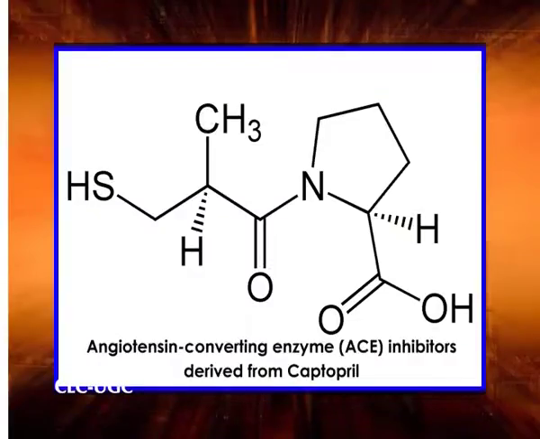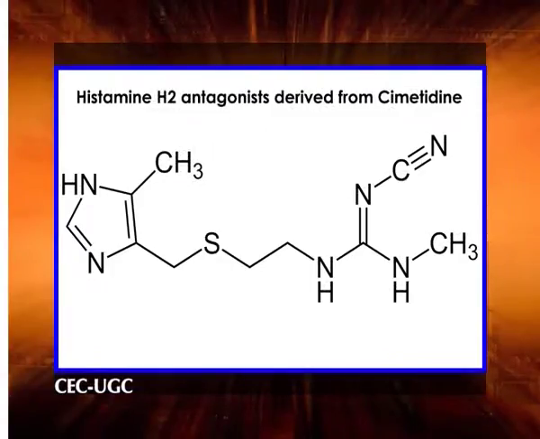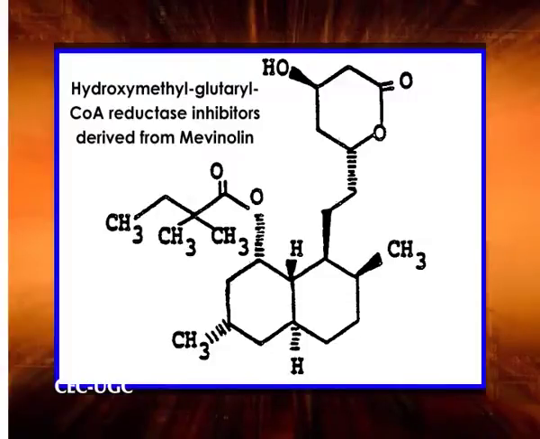Some examples are the angiotensin converting enzyme, ACE, inhibitors derived from captopril, the histamine H2 antagonists derived from cimetidine, and the hydroxymethyl glutaryl coenzyme A reductase inhibitors derived from mevinolin.